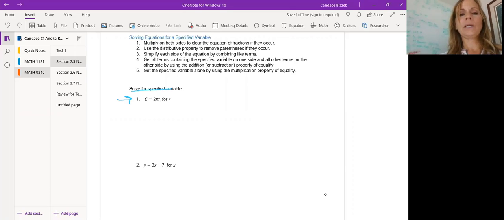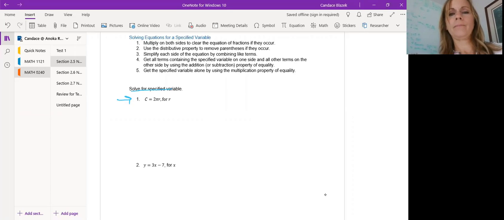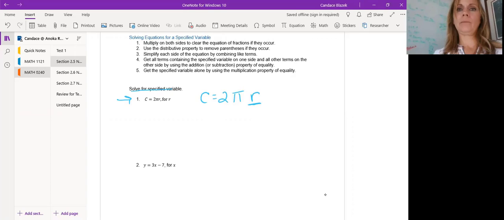Okay? So when I look at an equation like the first one, C is equal to 2 times pi times r, I'm going to rewrite it just a little bit bigger. And I'm going to underline the variable for which I am solving. The only reason I do that is to draw my attention to it. Because I need to first multiply to get rid of decimals and fractions.